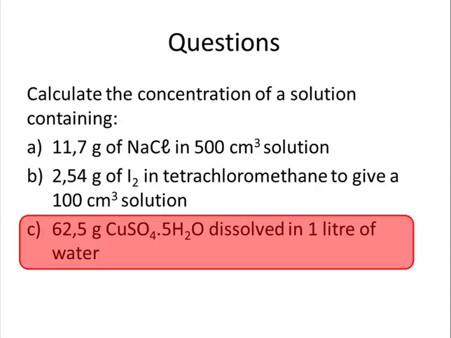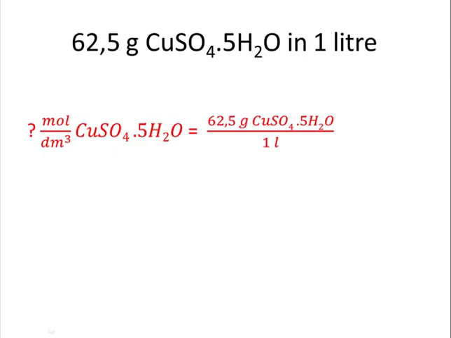What's the concentration of a solution containing 62,5 grams of copper sulfate dissolved in a liter of water? Copper sulfate has water of crystallization, as you can see here in the formula. So we write down our question.